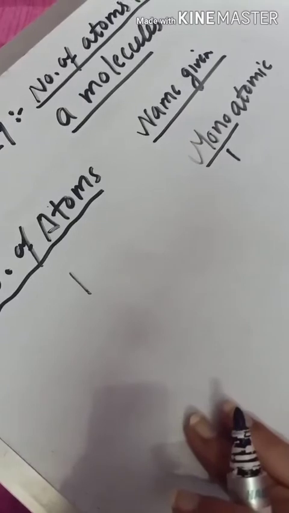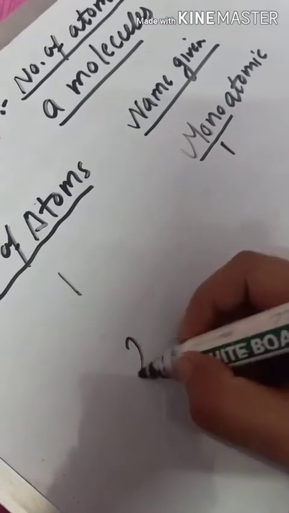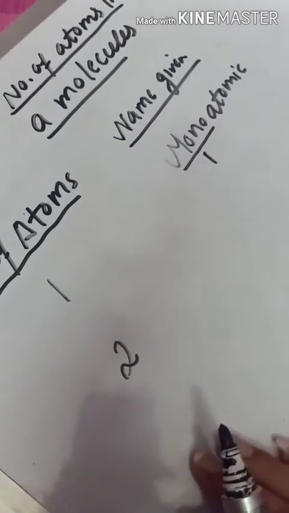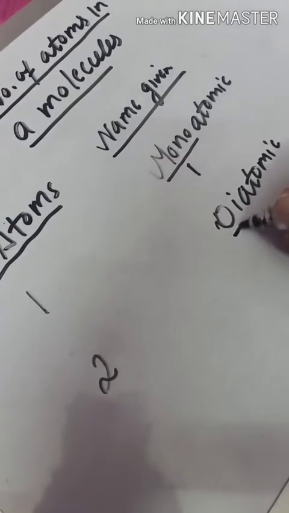And if the number of atoms in a given molecule is 2, then the name given to that molecule will be diatomic, where di means 2.